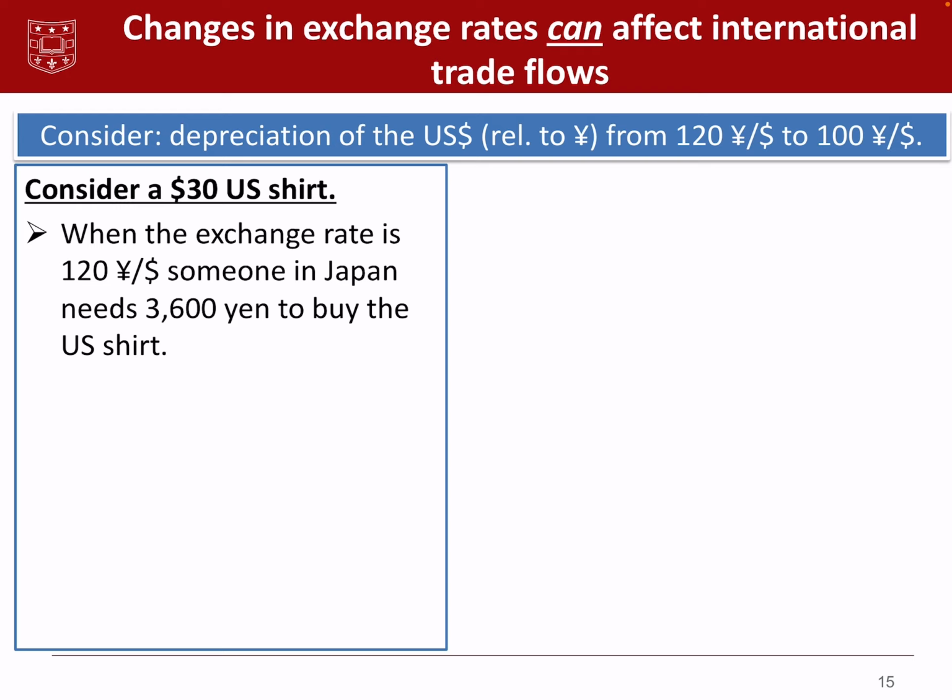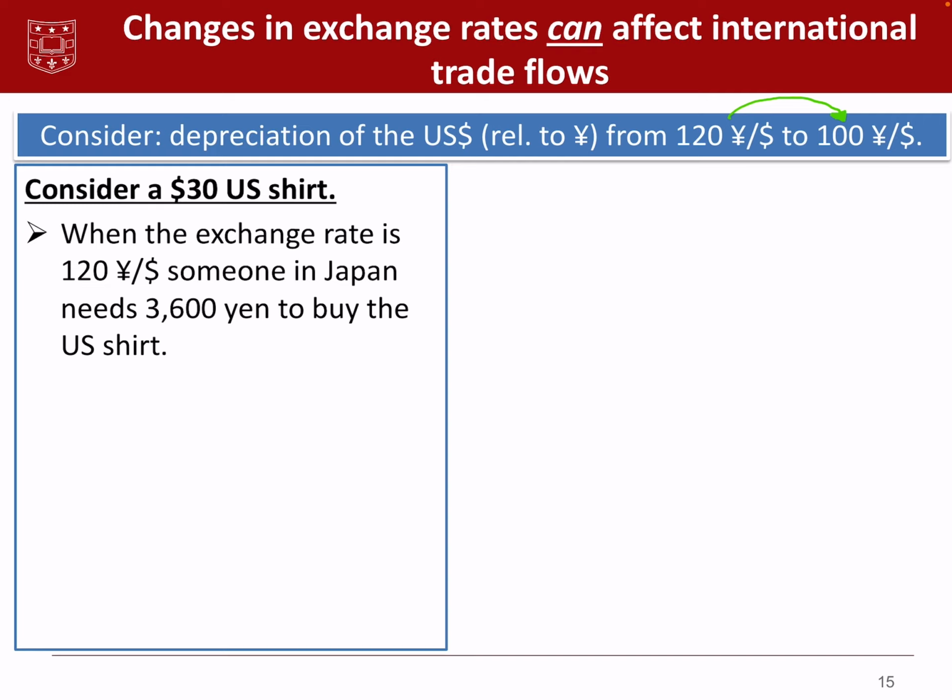And so let's go back to our example that we had before. Let's suppose that initially the exchange rate is 120 yen per dollar, and that the dollar depreciates relative to the yen for reasons that we won't worry about right now, from 120 yen per dollar to 100 yen per dollar. So in other words, we get fewer yen per dollar, and so this is a dollar depreciation.